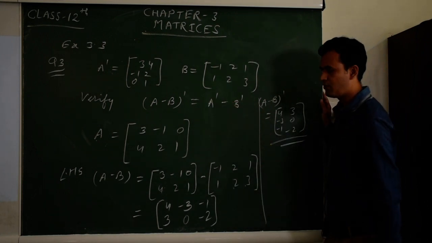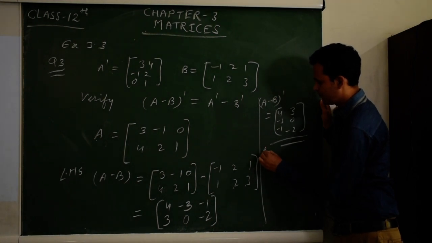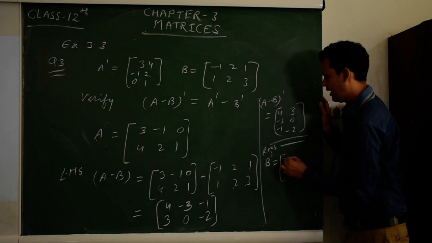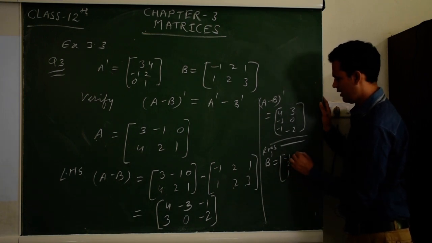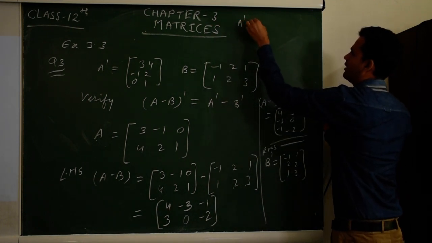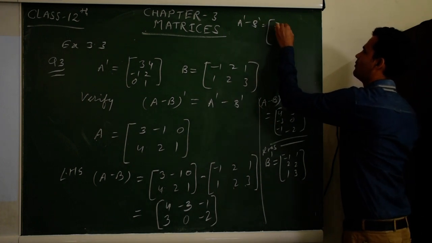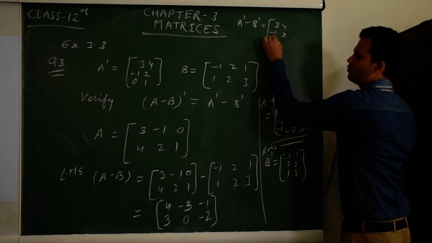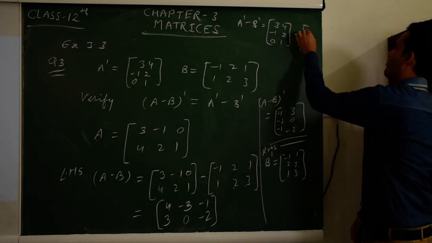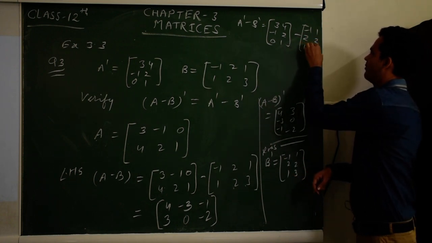For RHS, first we find A dash. A dash is given, only we have to find B dash. B dash is minus 1, 2, 1 and 1, 2, 3. Then A dash minus B dash. A dash is 3, 4, minus 1, 2, 0, 1, minus B dash, minus 1, 1, 2, 2 and 1, 3.